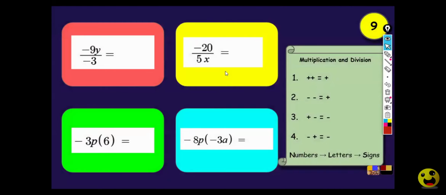Letters are involved now. Everyone take down the red question. I want to do the red question with you all. Now, in multiplication and division, all the letters involved, you just have to put them back at the end of the question.